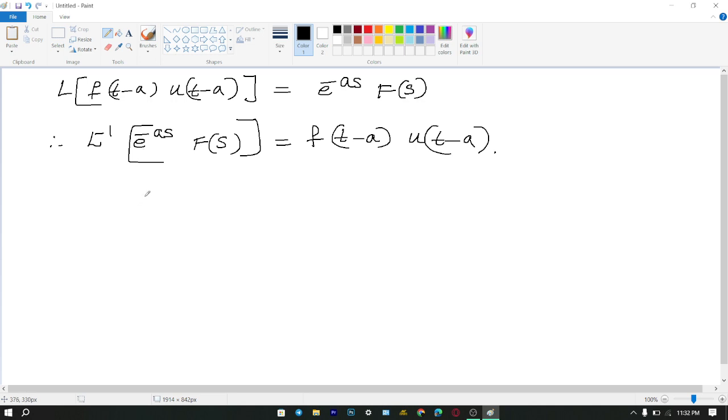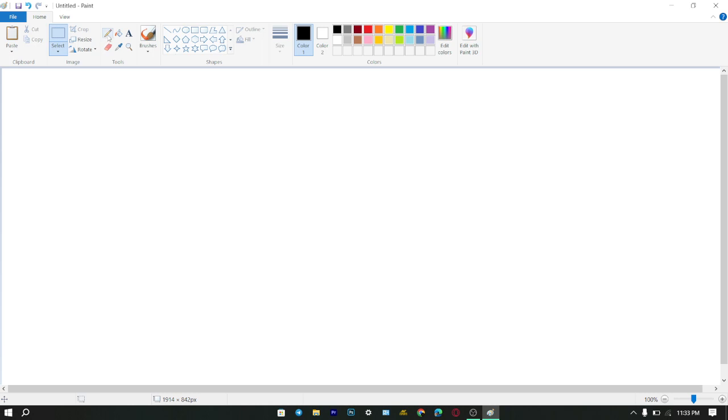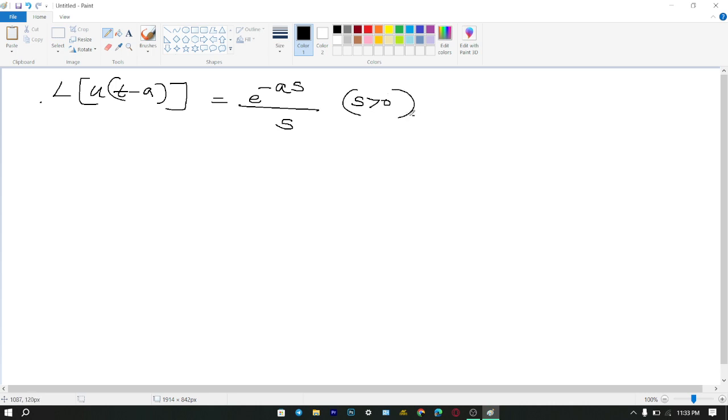Now we can find the Laplace transform of the unit step function. That means we have to find L of u of t minus a. The answer is e raised to minus as divided by s, where s is positive.